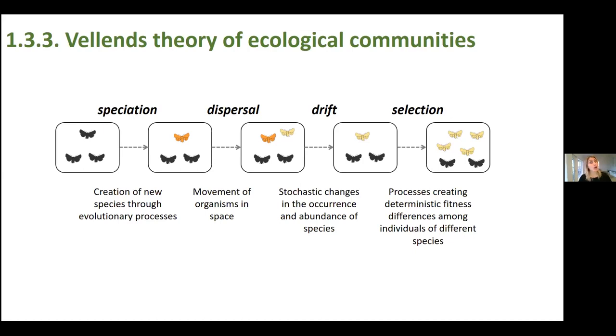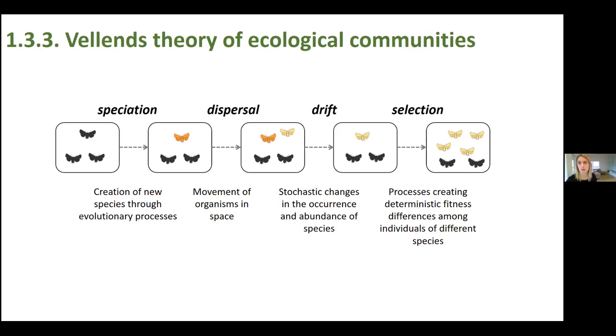And it usually also adds species to our local community. Drift refers to the stochastic changes in the occurrence and abundance of species through demographic stochasticity. For example, small populations go extinct and so on, and it usually removes species from our local community.